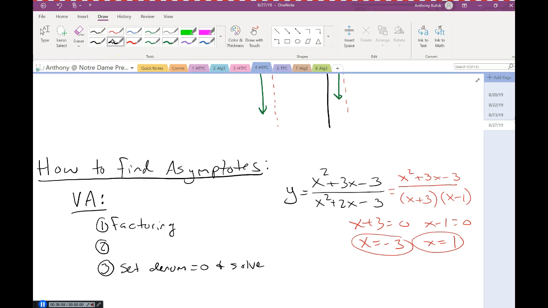What was that? Okay, I think that's kind of on the right track. You need to make sure you've reduced this, because just setting the denominator equal to 0 and solving without checking to see if you reduce, some of those solutions could be removable discontinuities and not vertical asymptotes.